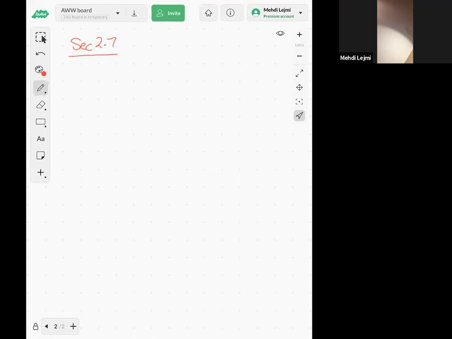right? And again, it's about derivatives of logarithmic functions and exponential functions, right? So in this section, guys, we computed, using the limit definition of the derivative, the derivative of the exponential.